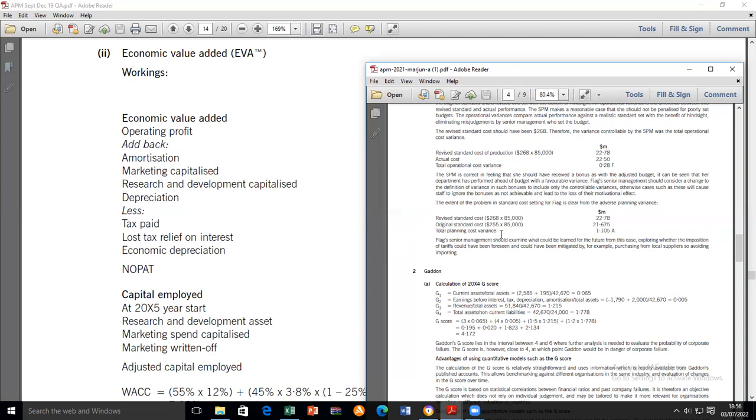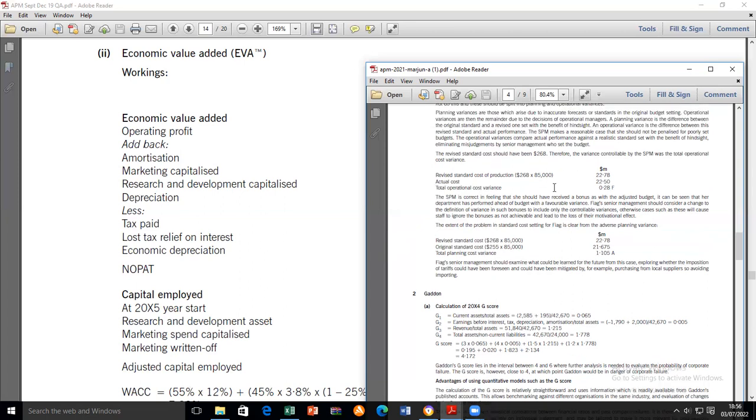Total planning variance 255 by 85. Total operational variance was 0.28. That's the approach taken on a total basis.